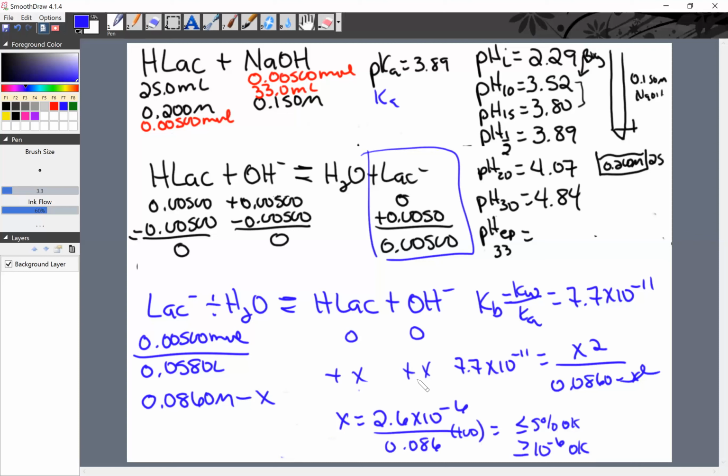So my molarity of hydroxide is 2.6 times 10 to the minus 6th molar, and take the negative log of that, and the pOH is 5.59, and the pH is 8.41.